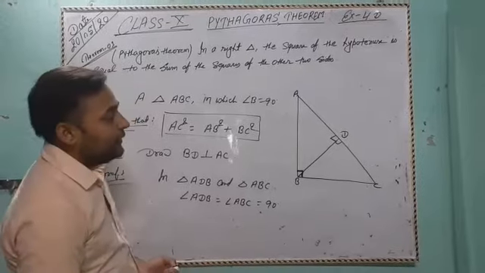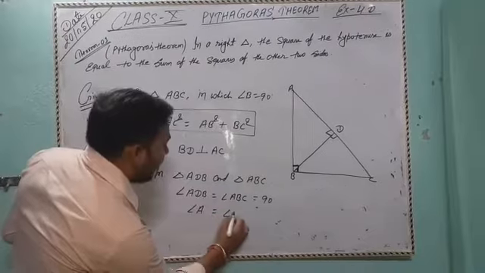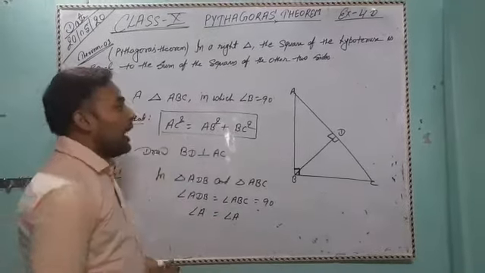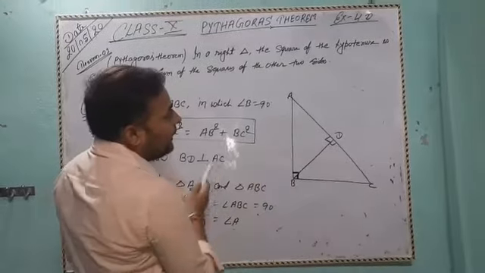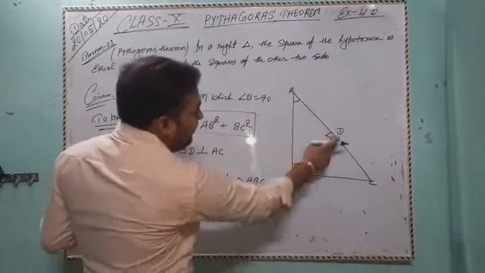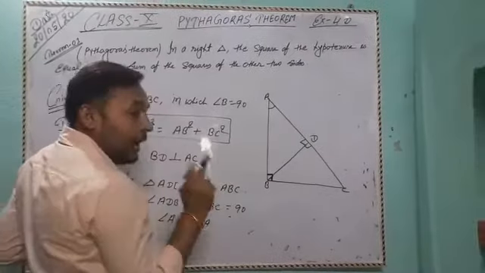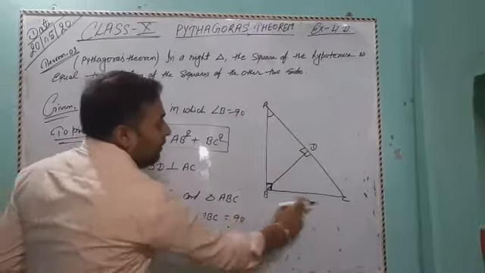equal to 90 degrees, and angle A equals angle A. Angle A is present in right triangle ADB, and angle A is also present in right triangle ABC.